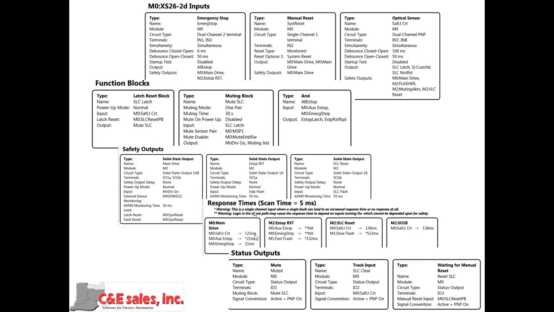Notice the 100 milliseconds that I added up here to the optical scanner, the safety light curtain. Notice that I show a response time of 121, which is 100 milliseconds greater than what it is for e-stop. Again, don't do that in the real world. It was an indication to show that we do keep track for you of what the response time is, and particularly in safety light curtain, of course, for your separation distance.